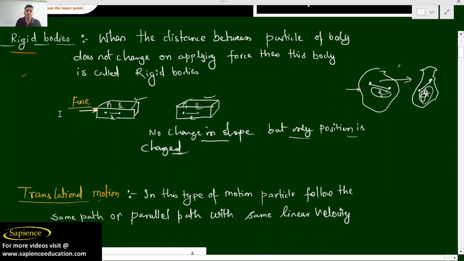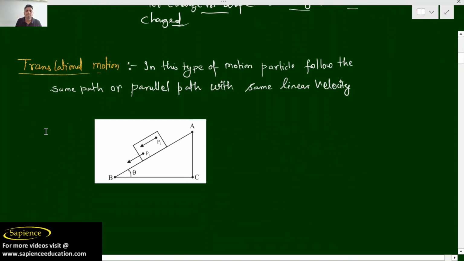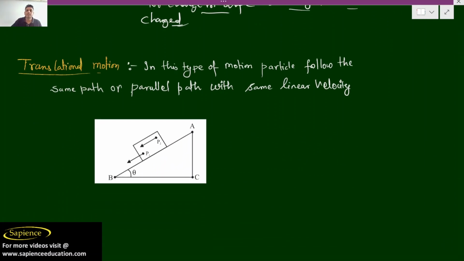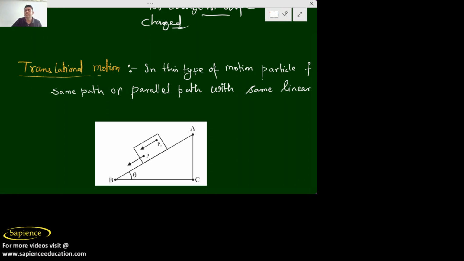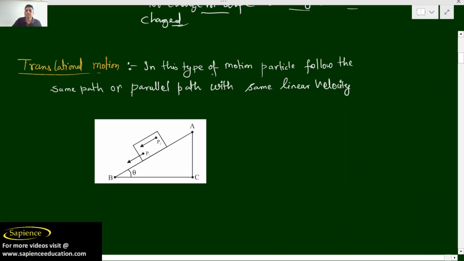Now I am going to discuss translational motion. What is translational motion? In this type of motion, a particle follows the same path or a parallel path with the same linear velocity. What do you mean by this?